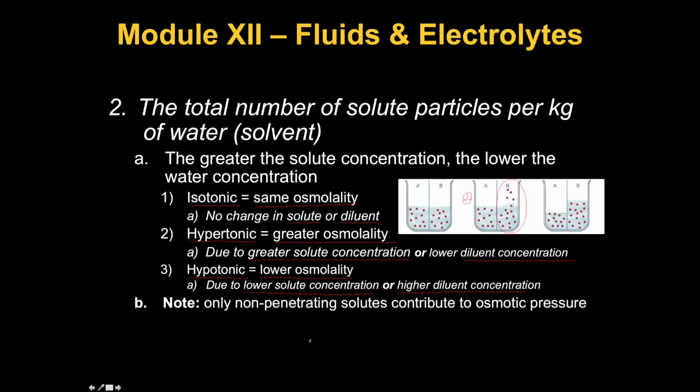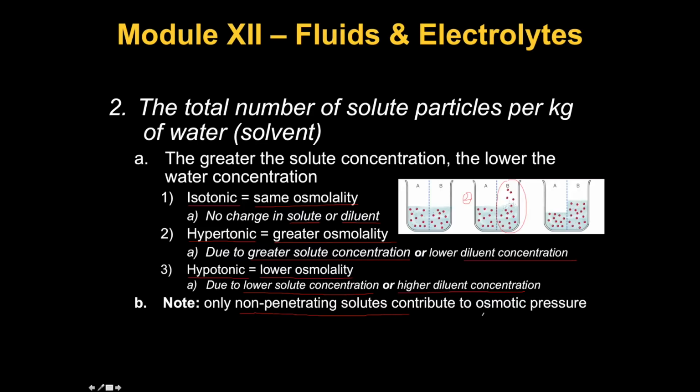One thing to note about this is that it only involves non-penetrating solutes. You can't have a solute that can cross a semi-permeable membrane like the phospholipid bilayer and have it play a role in osmotic pressure. Basically, sodium ions and potassium ions aren't moving freely.